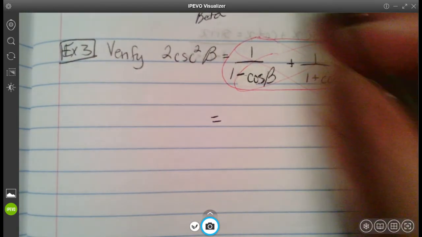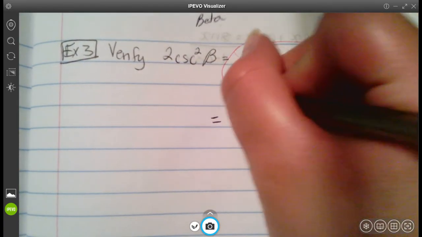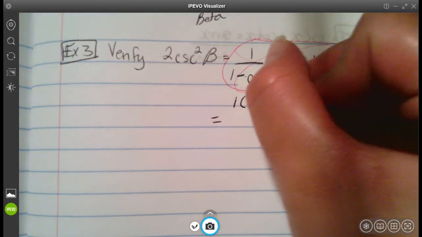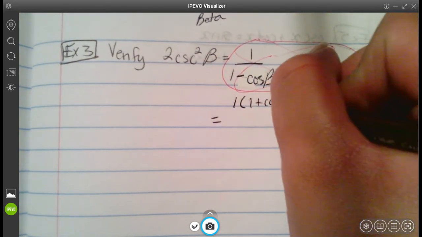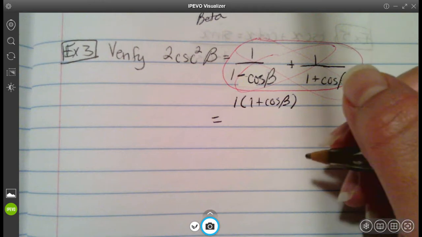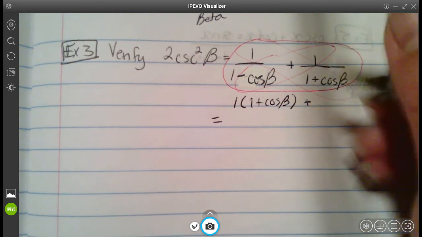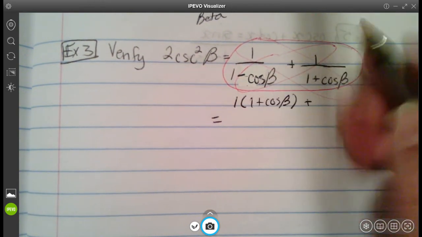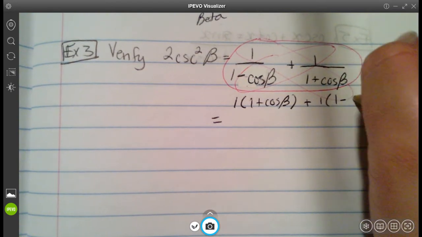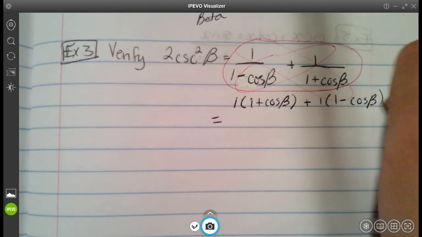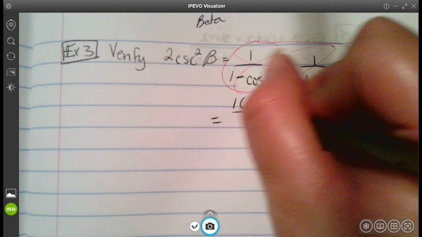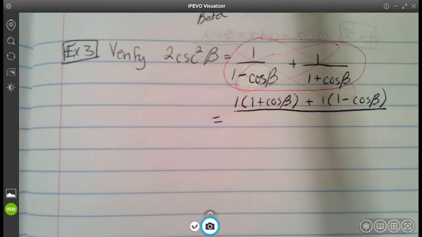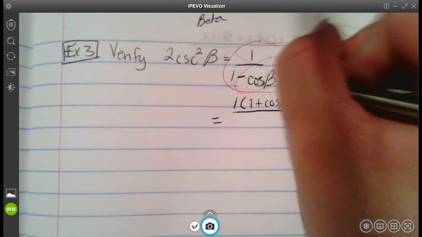1 times all of this. I'm going to write this one a little bit smaller because I don't have too much space. So 1 times 1 plus cosine beta, like a slanted B, okay, plus these two. So 1 times 1 minus cosine beta all over, you multiply these two.